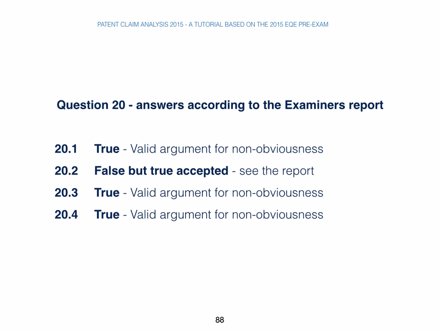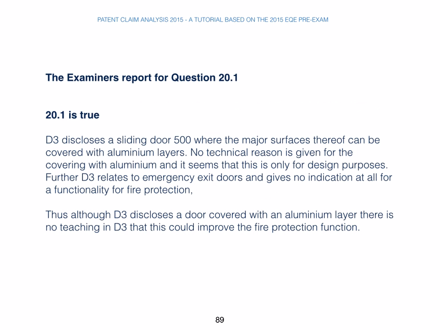Now to the examiner's reasoning for 20.1. 20.1 is true. D3 discloses a sliding door 500 where the major surfaces thereof can be covered with aluminium layers.